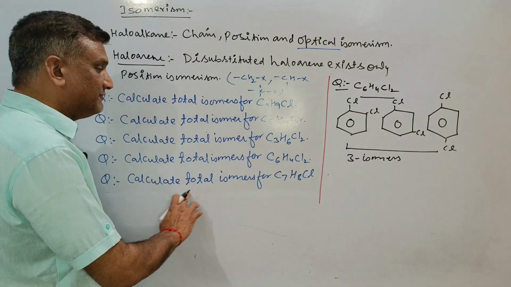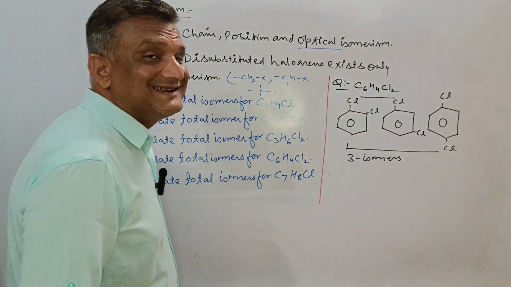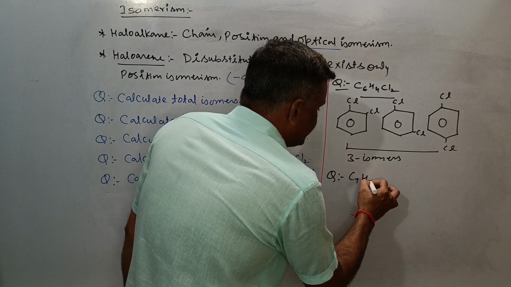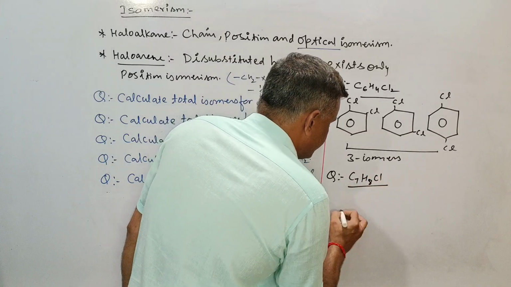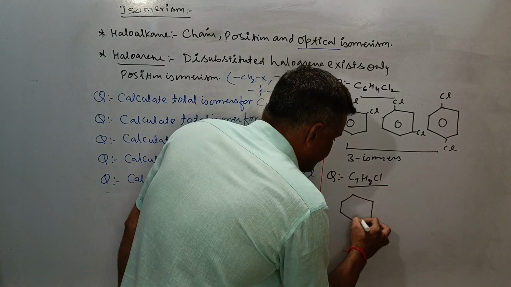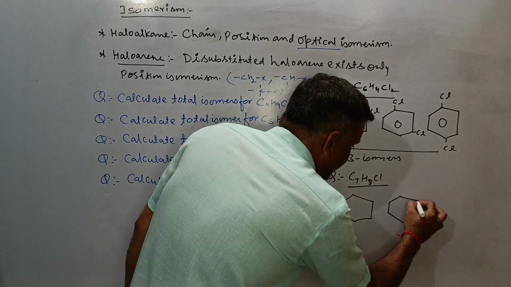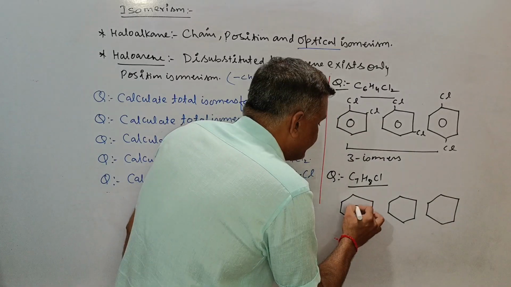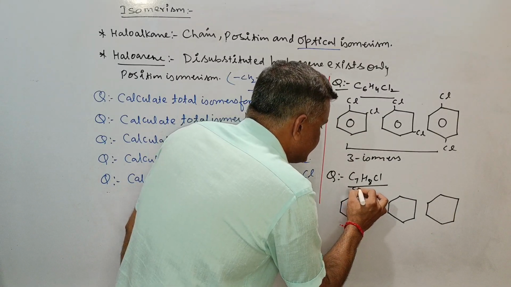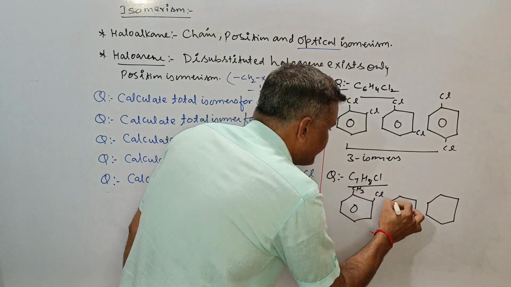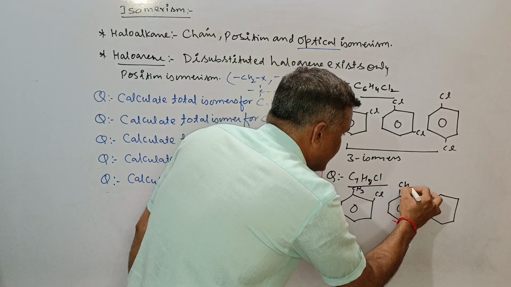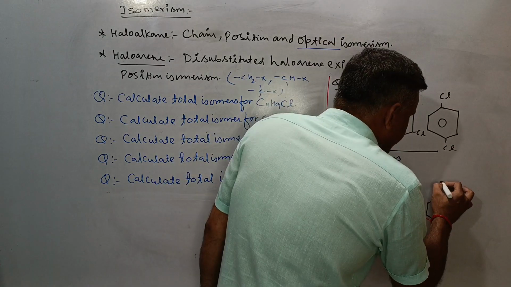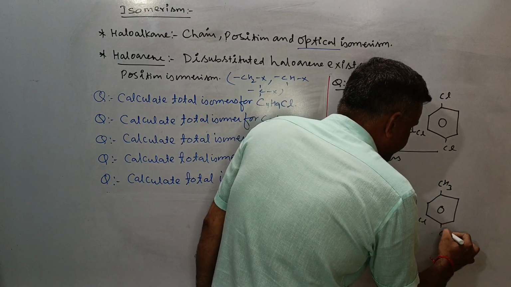Now it is time to discuss the final question, that is C7H7Cl. For this there will be 3 position isomers like this: ortho, meta and para. What are they? This is the CH3 and Cl. This is the CH3 and Cl. This is the CH3 and Cl.